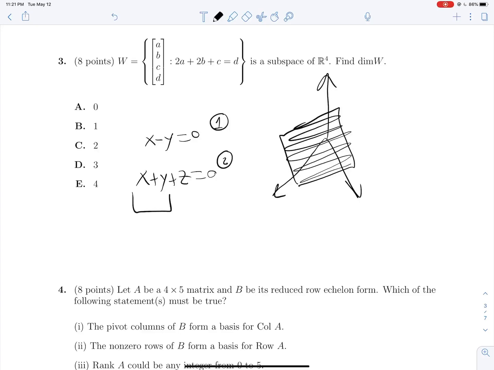You can do whatever you want with x and y. In a sense, they're free variables, but whatever changes you make with x and y, you have to compensate for them with z so that the whole thing is equal to 0. So the only dimensions you have free reign to move through are x and y, and z will adjust to compensate.